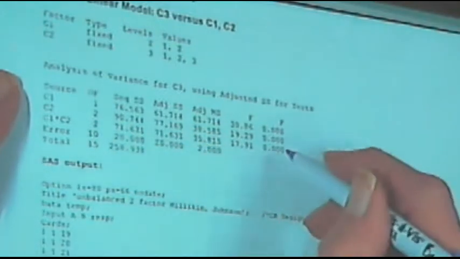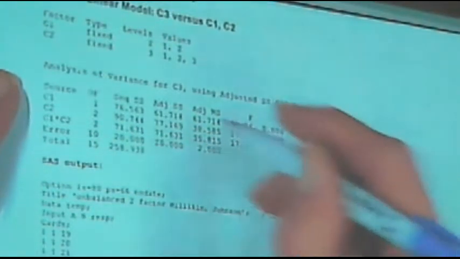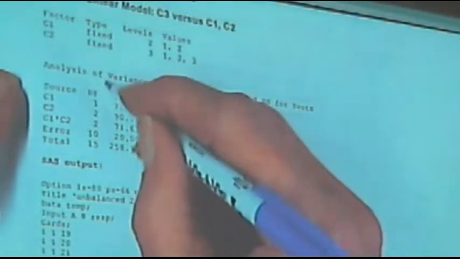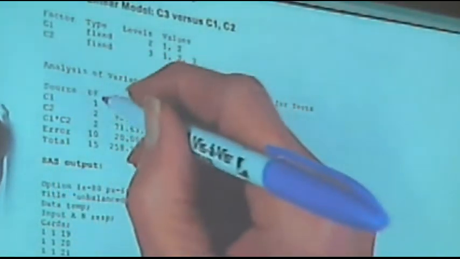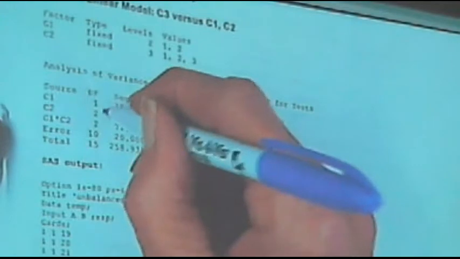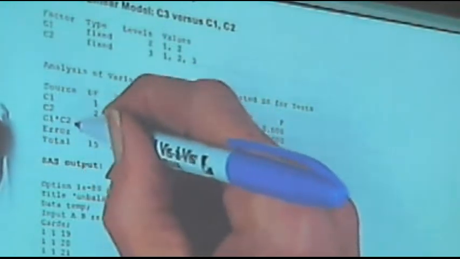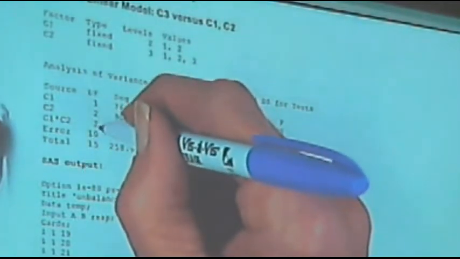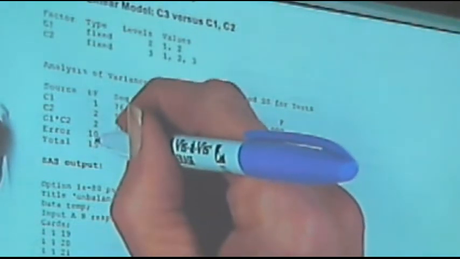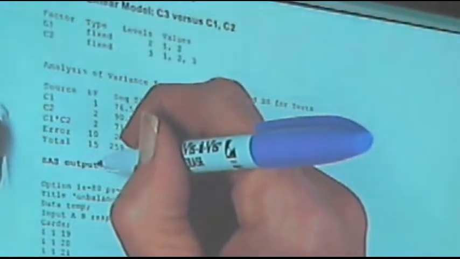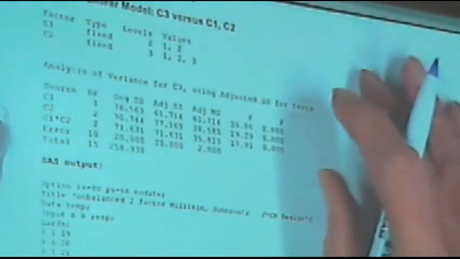So here's the ANOVA table that's produced by Minitab. There is a column for degrees of freedom. C1 is A, 1 degree of freedom. C2 is B, 2 degrees of freedom. The interaction has the product of those 2 numbers, or 2 degrees of freedom. And that leaves 10 left for error and 15 for overall total.